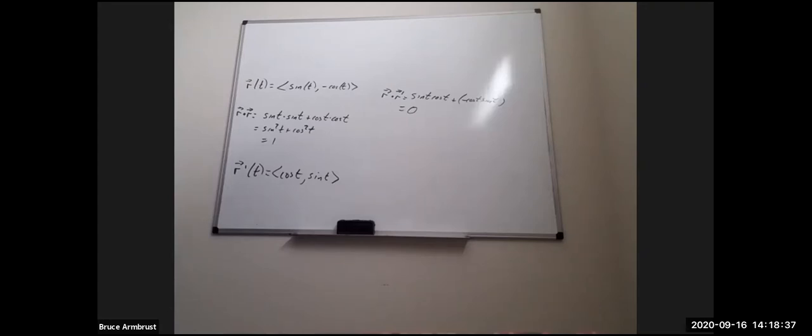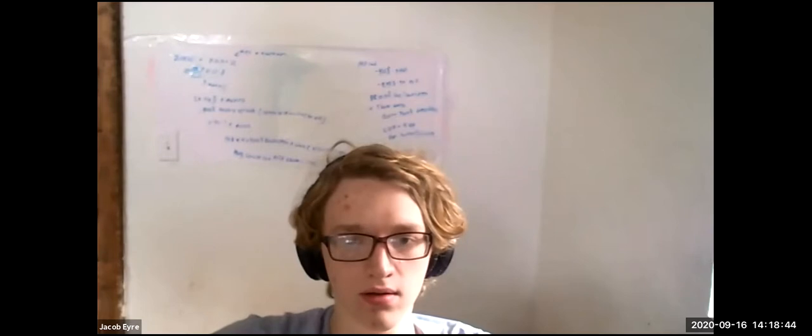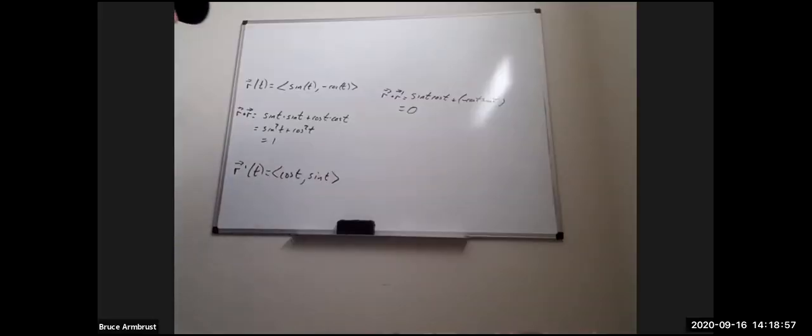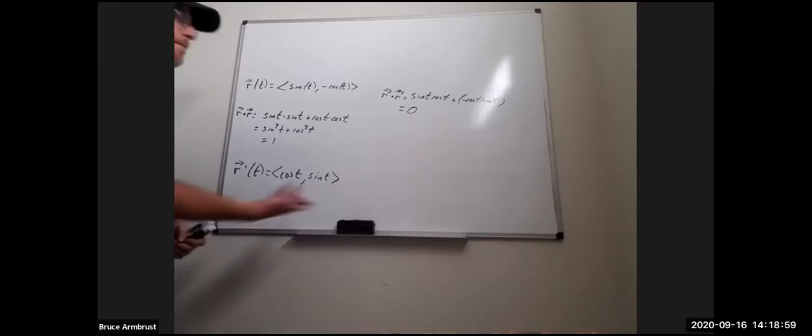Circle. What usually happens when x's and y's are sines and cosines? Circle, yeah. And it is. It's definitely a circle. This one is a unit circle. We're not going in the usual counterclockwise starting at the positive x-axis direction.